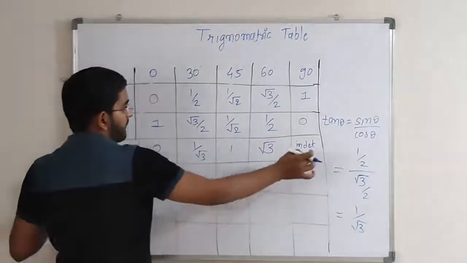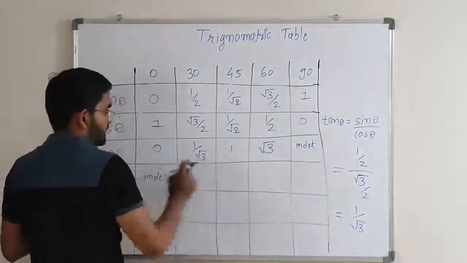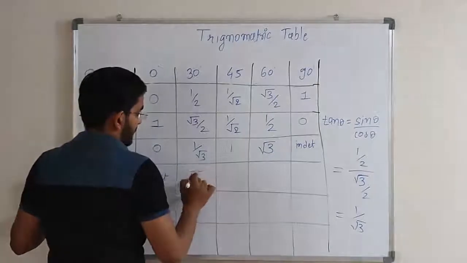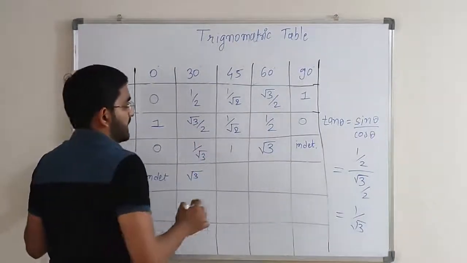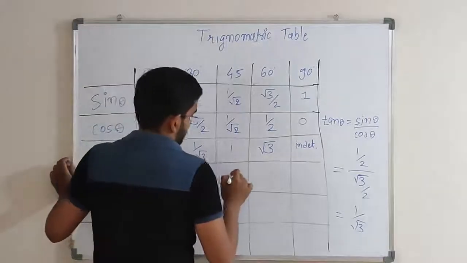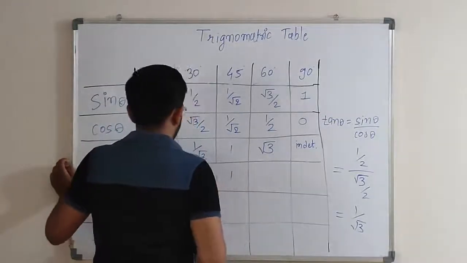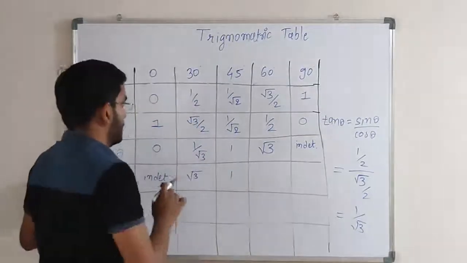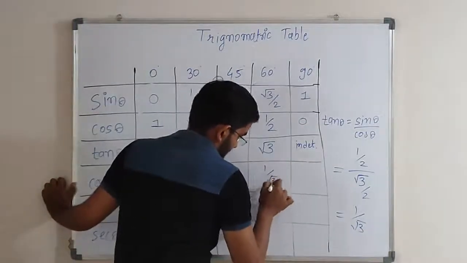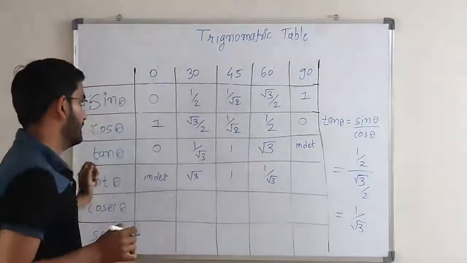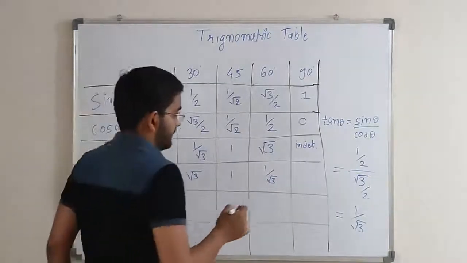The next is root 3, the value of cot 30. The next is cot 45, it will be 1, and cot 60 will be the value of tan 30. And next is cot 90, it will be 0.